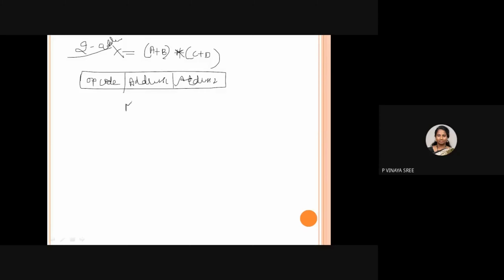So I am performing a move. Move the value present in memory location A into register R1. Here we specified two addresses: one is R1 and the other is A. This is your memory, and this is the address of A, which is 100, where you have a 10.